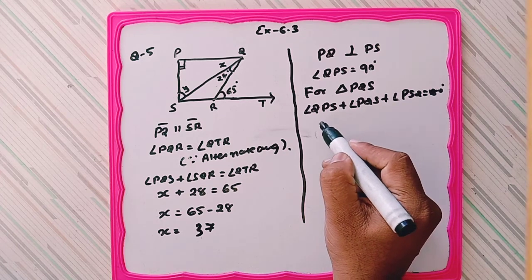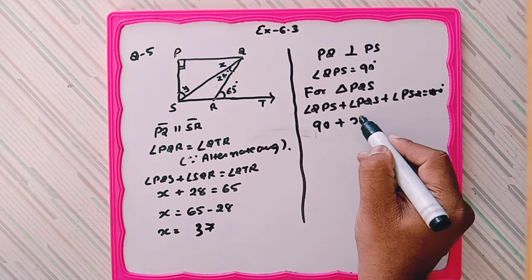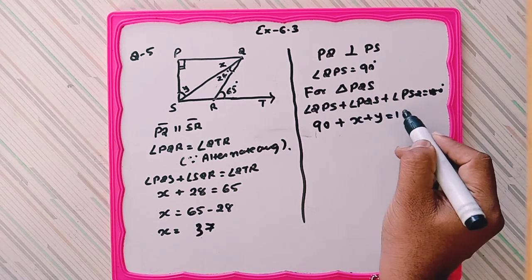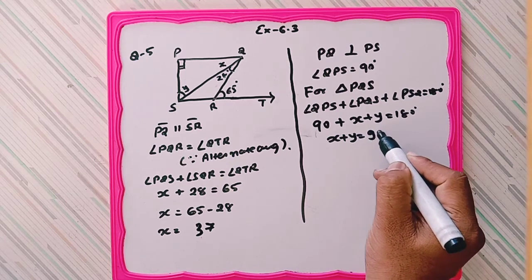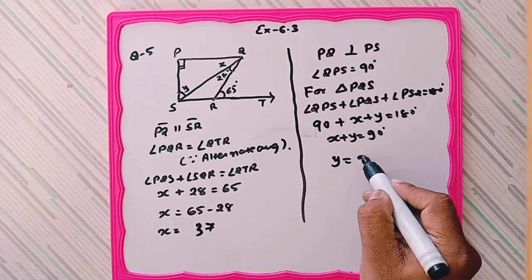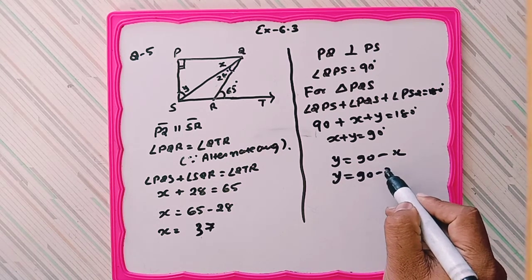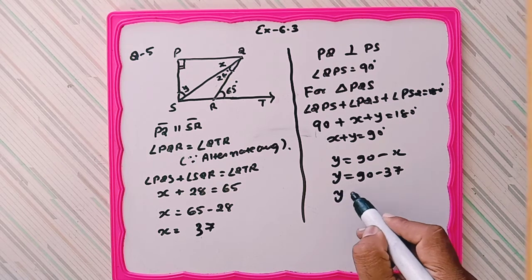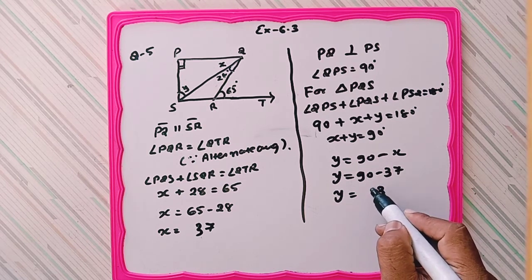So QPS we have 90, PQS is X, plus Y equals 180. So X plus Y equals 90, so Y equals 90 minus X, that is Y equals 90 minus 37. So Y equals 53.